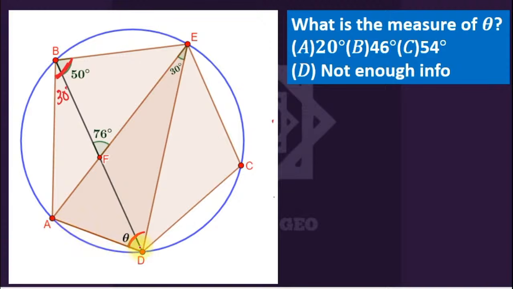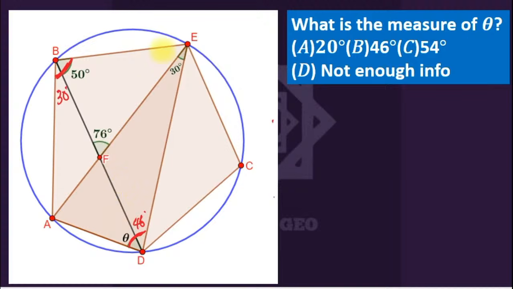Look at the intercepted arc AD. It produces this angle and this, so they are equal. I'm seeing a triangle EDF and an exterior angle. Using the exterior angle theorem, this should be 46. If you sum 30 and 46, it gives you 76. So our answer is already there.